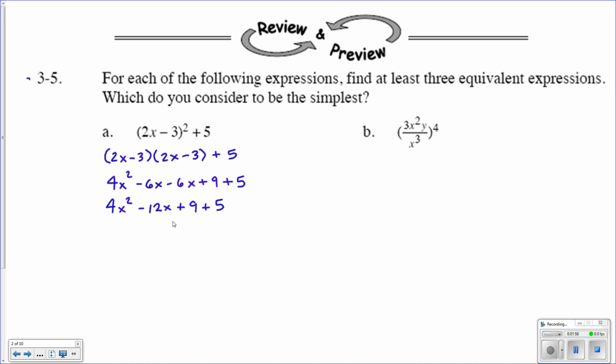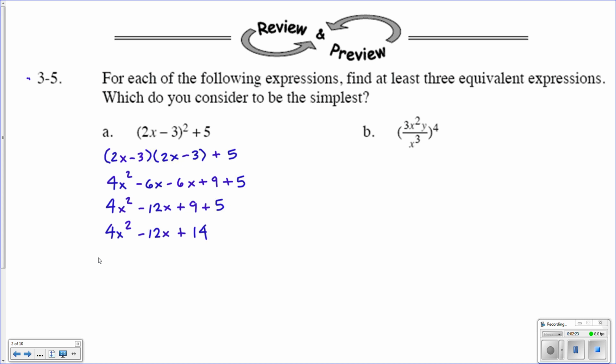Let's combine our like terms here. We'd have 4x squared minus 12x, and then 9 plus 5 is going to give us 14. There's another one. So that's 1, 2, 3, 4 that we've got. You could look at this one now and say, all right, what is the common factor that we have between 4, 12, and 14?